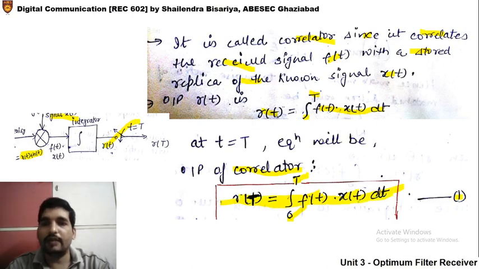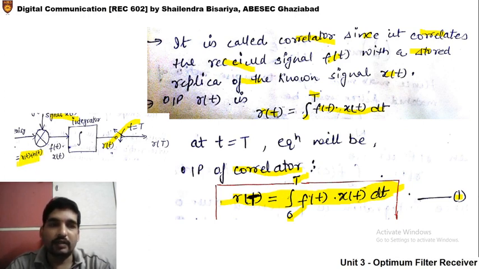Keep this equation in mind, or note it down: this is the output of the correlator receiver, where f(t) is your input signal added with the noise signal, and x(t) is the stored signal at the correlator, correlated with the input signal and integrated from 0 to T.